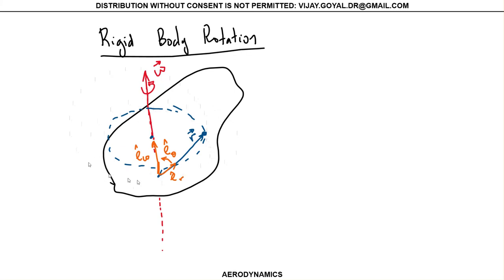This body is rotating with a fixed point here, and you have a point that's rotating over and over again. For this particular case, you can show that your velocity is equal to your angular velocity crossed with your position vector.